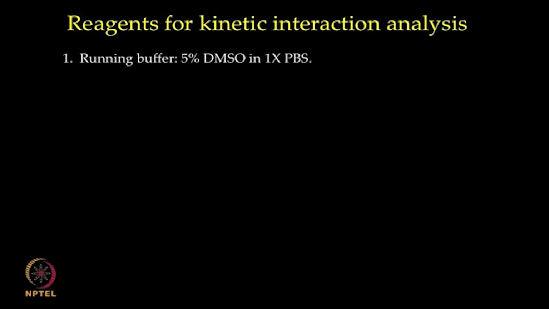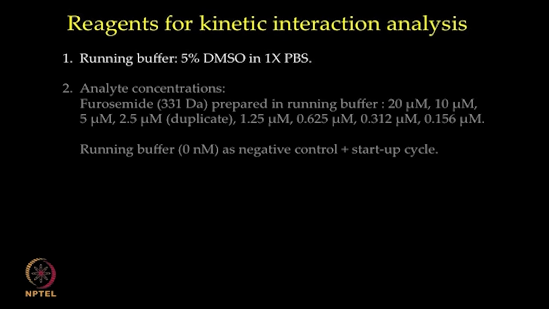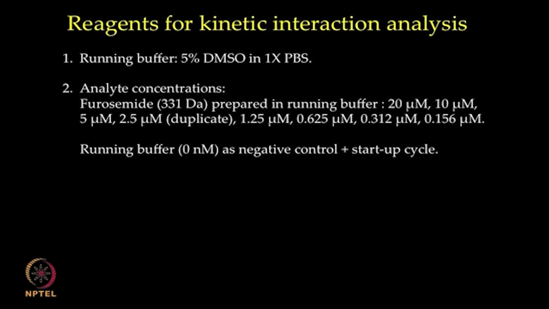We prepare a running buffer of 5% DMSO in 1x PBS. We will be preparing a total of 8 concentrations of furosemide starting from 20 micromolar, 10 micromolar, 5 micromolar, 2.5 micromolar, 1.25 micromolar, 0.625 micromolar, 0.312 micromolar and 0.156 micromolar using a 2-fold serial dilution in the running buffer with 2.5 micromolar concentration in duplicate.